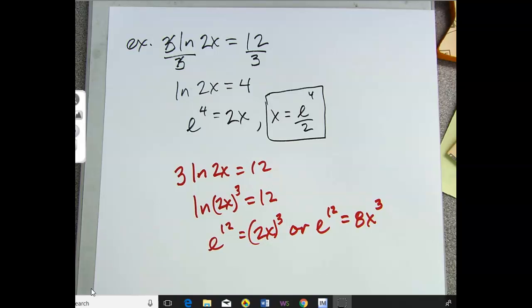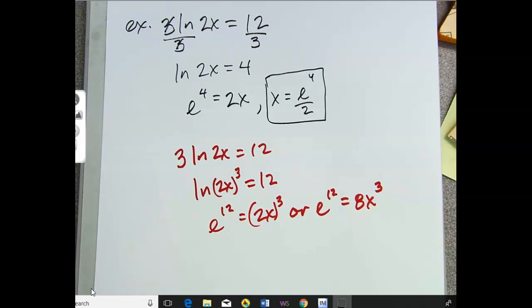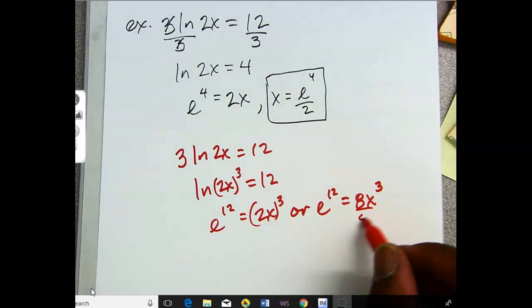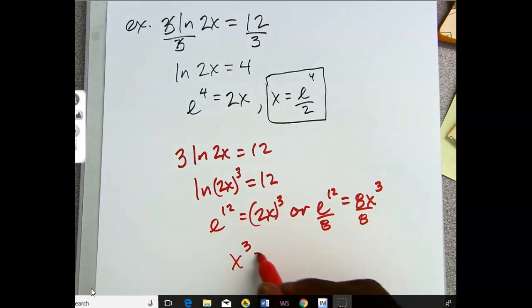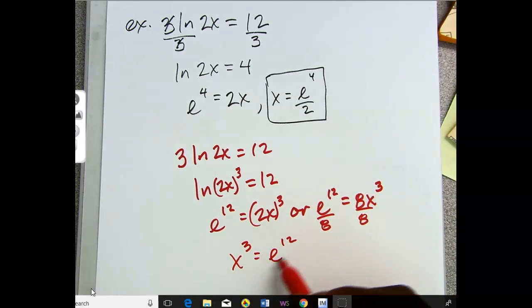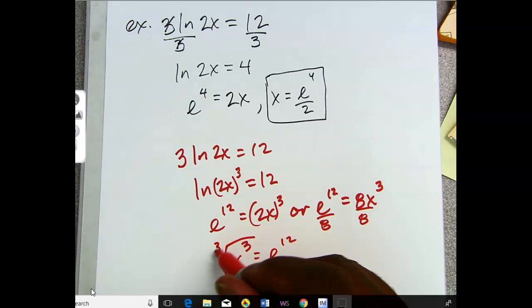That's a lot more work, right? Numerically it's going to be the same answer. We would divide by 8, and you'd get x cubed is equal to e to the 12th over 8. And then we would take the cube root of both sides.